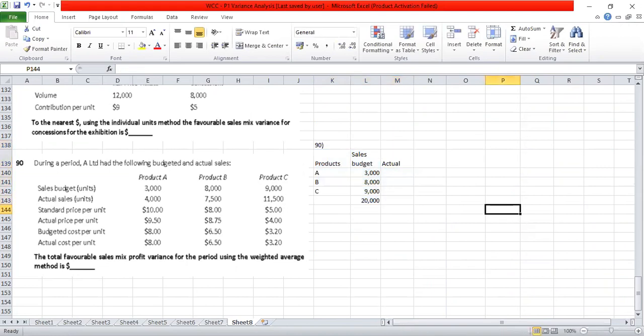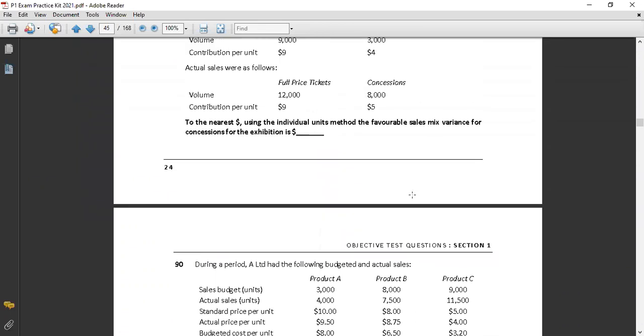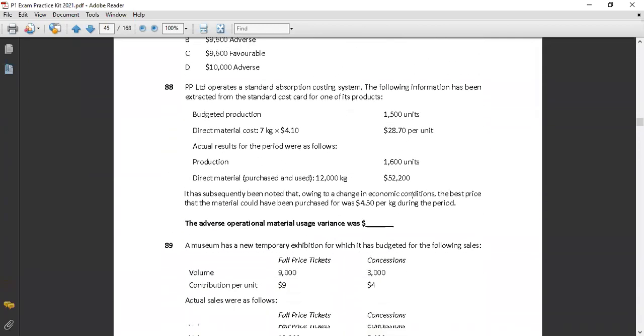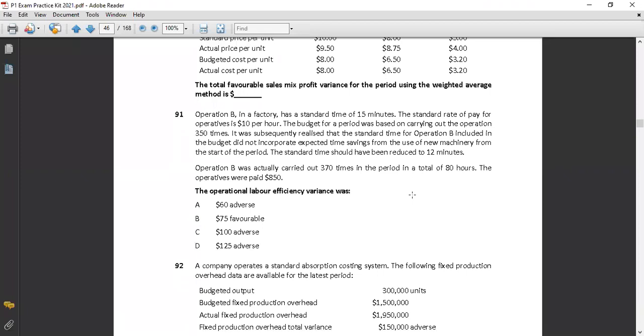So let's visit the exam kit. Till 90, we have finished all the questions under variance analysis. From 91, I didn't put them in the Excel file because they are touching on the, you tell me, if we have done, I don't remember. 91, did we do?